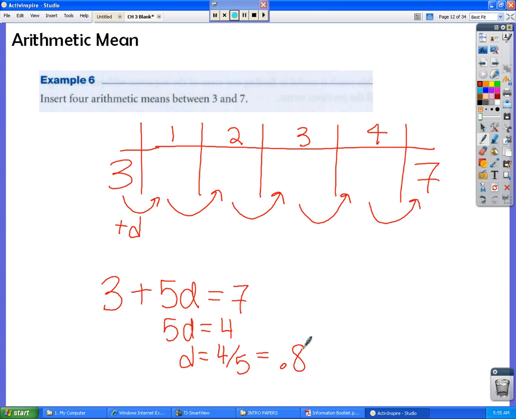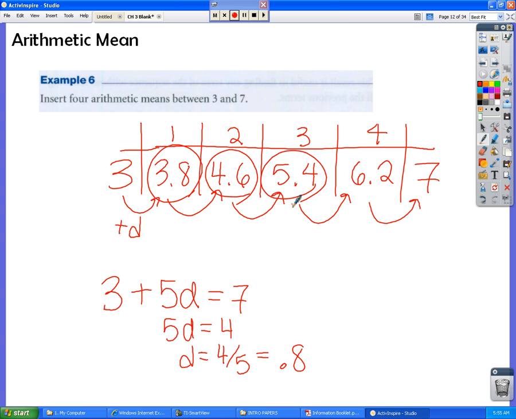So it would be 3.8, 4.6, 5.4, 6.2, and then there we go, 7. So my 4 arithmetic means would be 3.8, 4.6, 5.4, and 6.2. So common difference is essentially saying that I need to find these values in between, where if I put them in between, I'd be adding the same value to get from the first to the last.